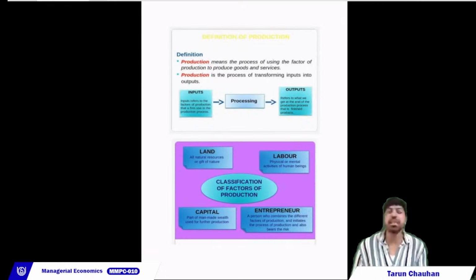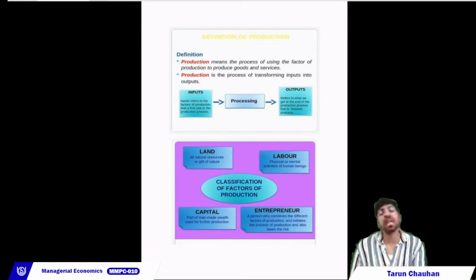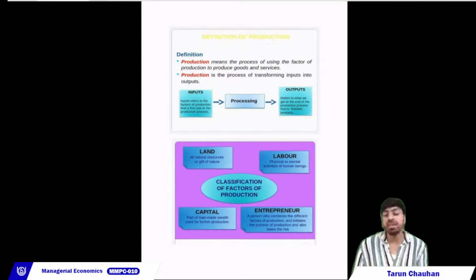Every production needs money and funds, and those funds come from the capital of the organization. Capital is generated by credit as well as the organization's own assets, so that it can be used for further production.